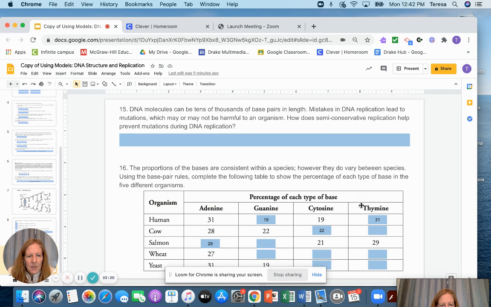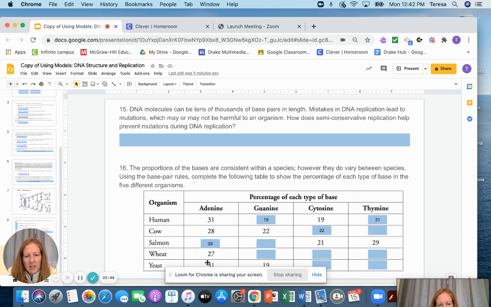Adenine and thymine will have the same amount, right? So adenine has 27%. That means thymine will have 27%. So you're going to take 100 minus 27 and minus 27. That amount is how much will be split between guanine and cytosine. Half of that amount will be guanine, half of that amount will be cytosine.